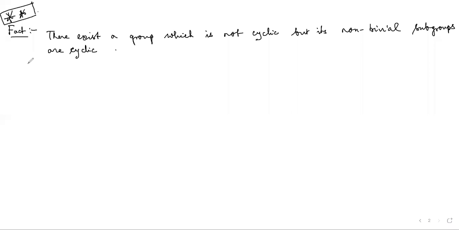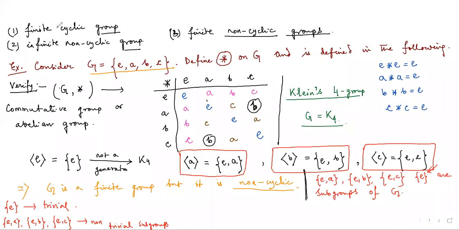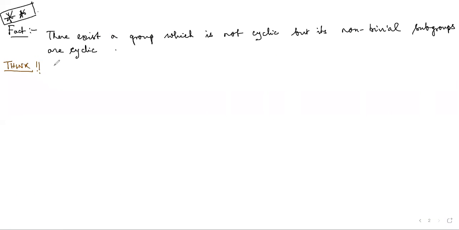One more thing is remaining that I'm going to leave for you to think about by yourself, or try to look for this result in a book or on the internet. I have proved the existence of a finite cyclic group. I have proved the existence of an infinite cyclic group and a finite non-cyclic group. What about the existence of an infinite non-cyclic group?